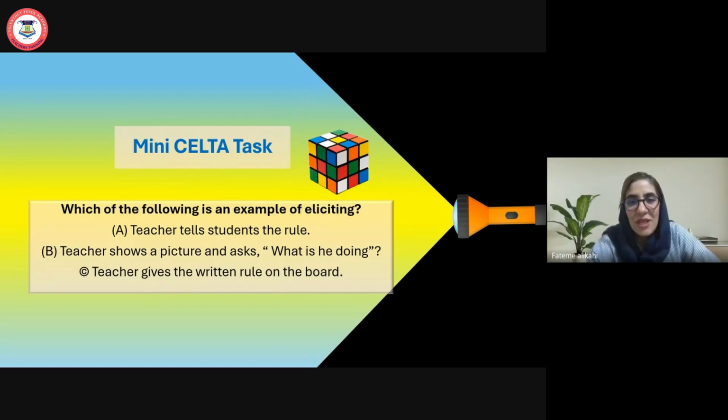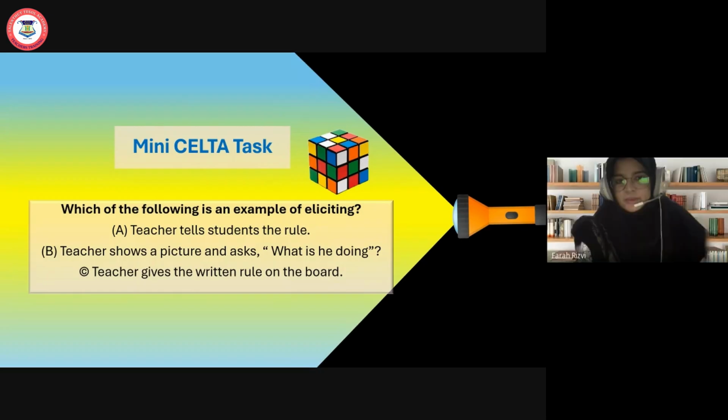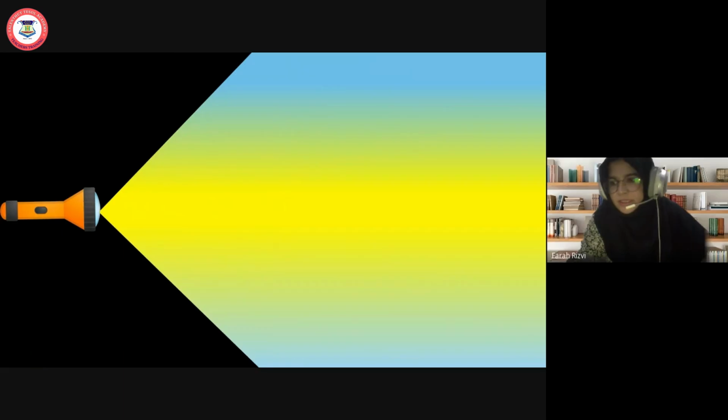Everyone is typing B. Nadia has raised her hand. I guess she wants to explain something. So it means you have grasped the concept. I guess Nadia wants to explain something. She has raised her hand. Okay, Nadia, you can unmute yourself, Nadia.